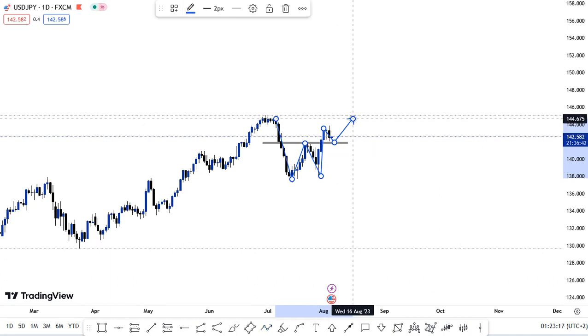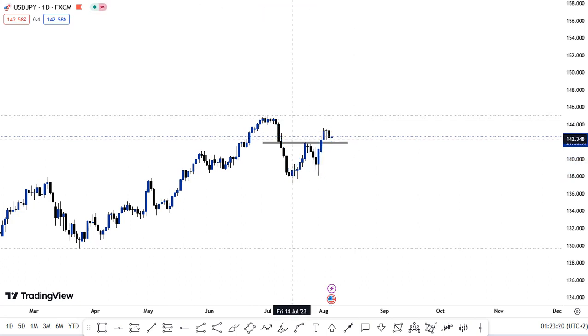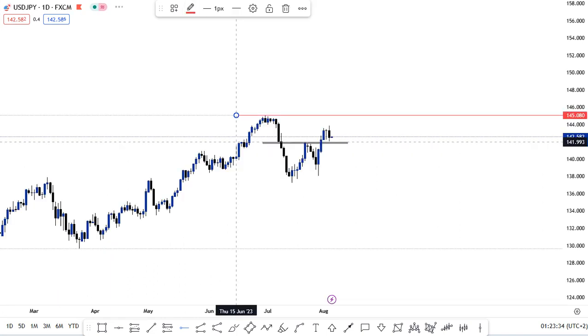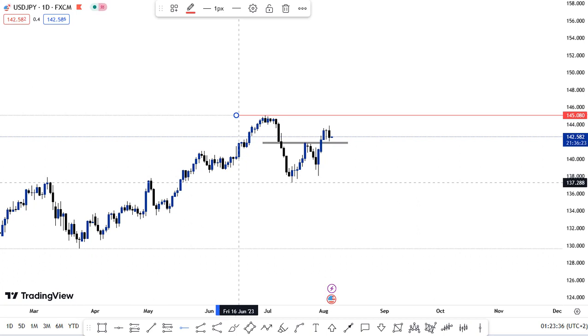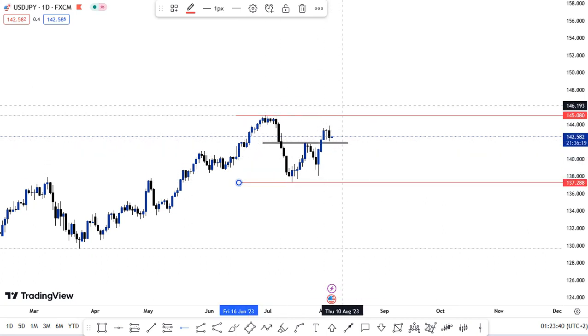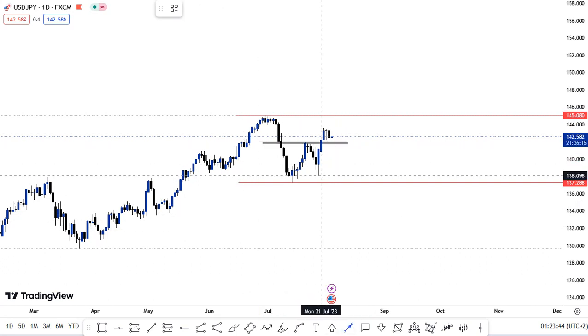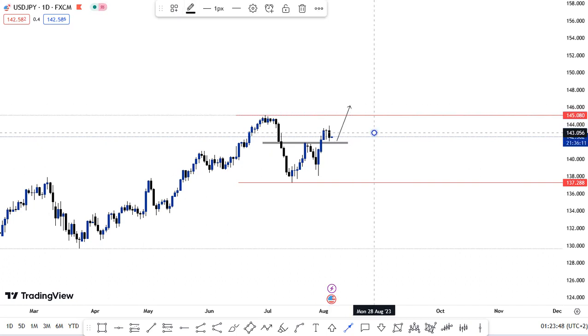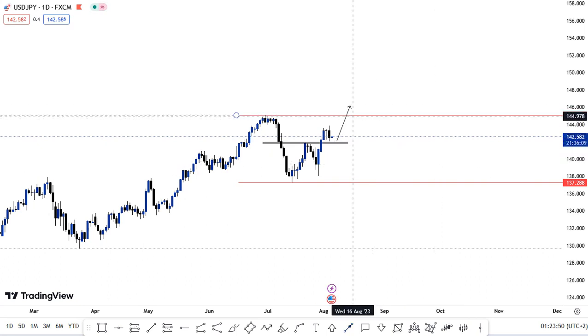But let me cancel this and do the analysis to see proper entries. Let's go to the current highest point and current lowest point. So I feel like we have to go and wipe this level here before we can do a lot, or maybe create new highs. That's what we are expecting.